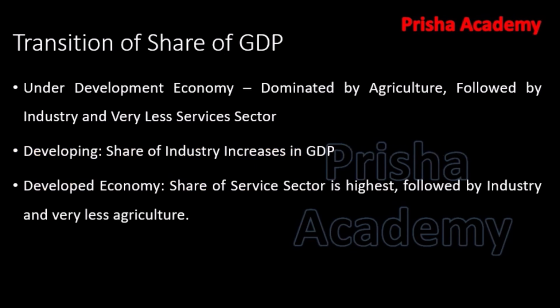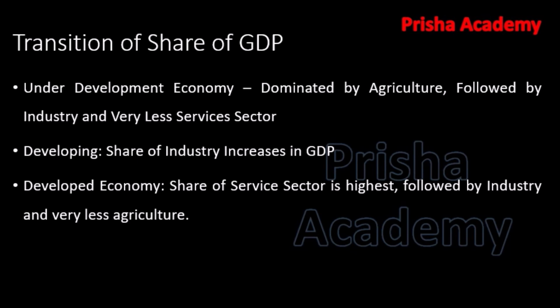Now, transition of share of GDP. When an economy is an underdeveloped economy, the domination will be of the agriculture sector. Gradually the dependence on the agriculture sector will reduce, and the dependence on the industrial sector will increase. Industries will be developed and the service sector will be very small. Then in a developing economy, the share of industry will increase.